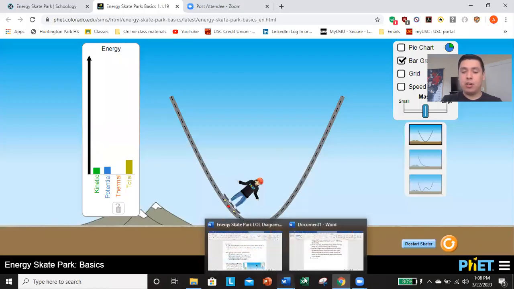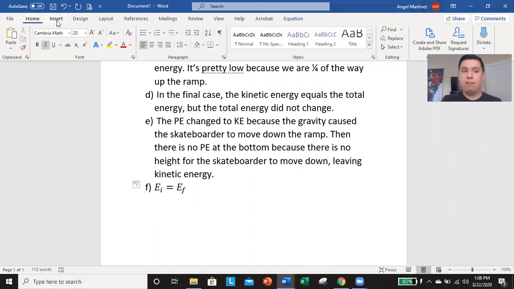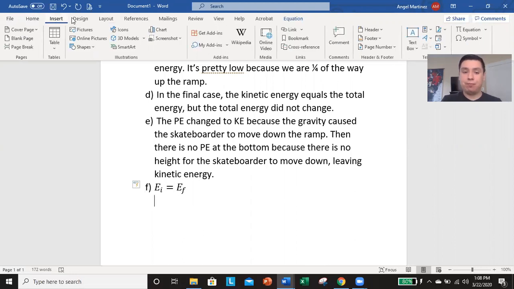So when we started, we only had potential energy. So let's say the initial case. Remember, Ei equals Ef, where Ei is the initial energy and Ef is the final energy. In the initial case, there was no kinetic energy, only potential energy.